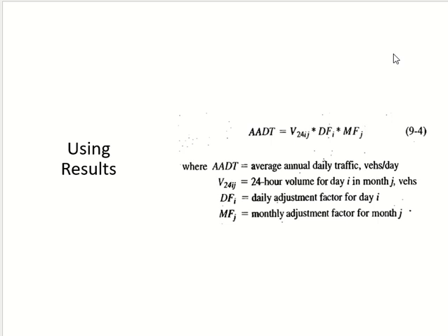So you take your count, multiply with the adjustment factor of Thursday, and multiply with the adjustment factor of October. After this multiplication, it becomes the annual average. So these adjustment factors are used so that we can convert the count of the coverage to AADT.